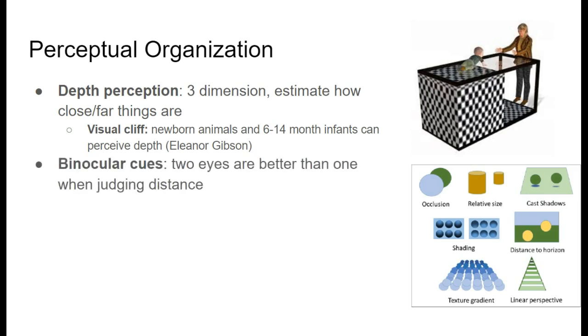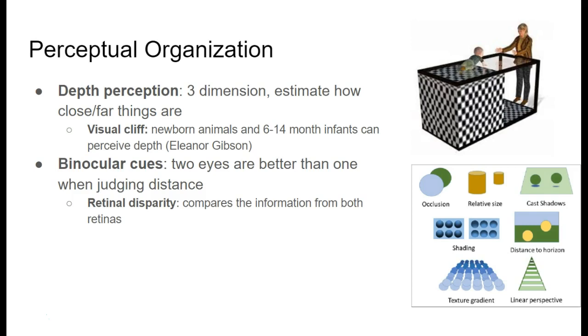When it comes to depth perception, there's two types. The first is binocular cues, and this is where you need two eyes to see depth. We need this because of retinal disparity. We haven't talked quite about vision yet, but the way vision works is it projects images on the back of your eye, what we call the retina.